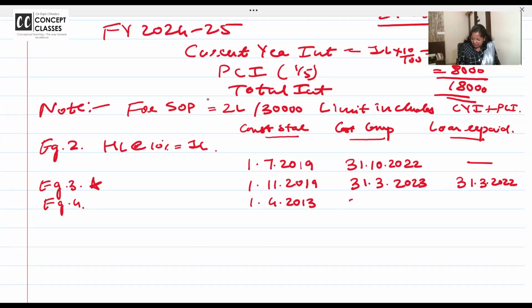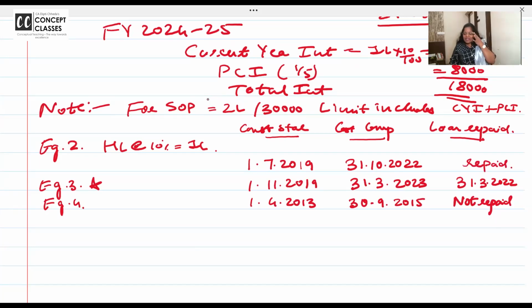Construction completed on 30th of November 2015. Loan not repaid. The loan hasn't been repaid yet.